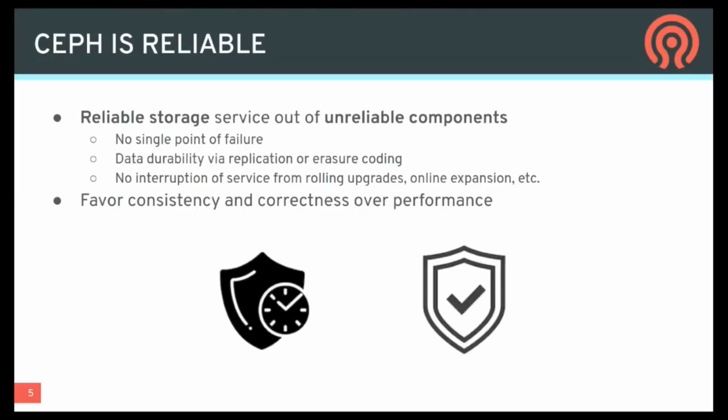And it's also reliable in the sense that we, as a rule, favor consistency of the system over performance. So we're more concerned with making sure that when you read data, it's the exact same data that you wrote, and we'll avoid taking shortcuts in order to make things go quickly.